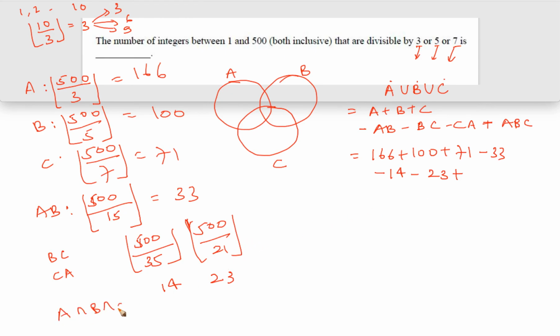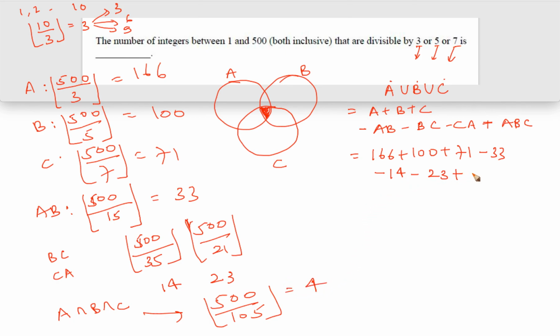intersection B intersection C. Okay, so now we are talking about this thing. So how many of them are divisible by all the three numbers, 3 as well as 5 as well as 7? So 3 and 5 and 7, since these are prime, it is simply going to be 7 into 5 into 3, which is 105, and we are going to take that count as 500 divided by 105, the floor of it, which is basically 4.